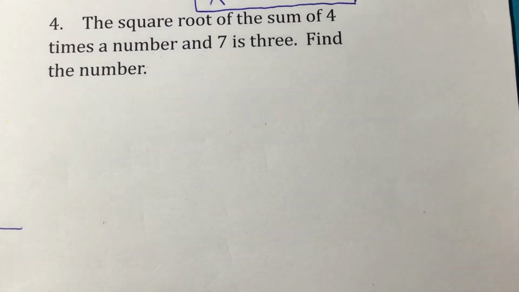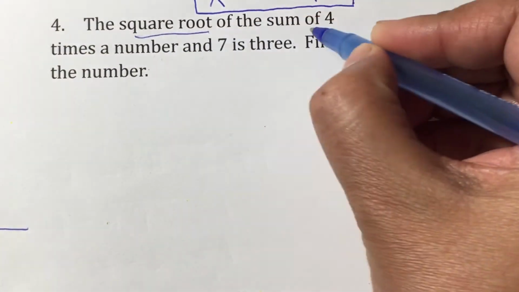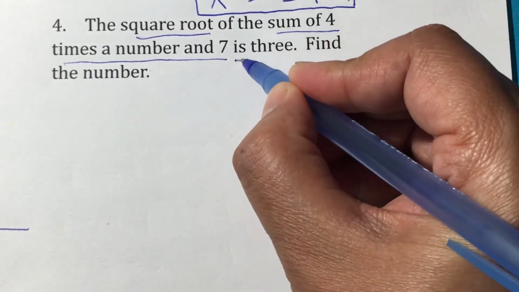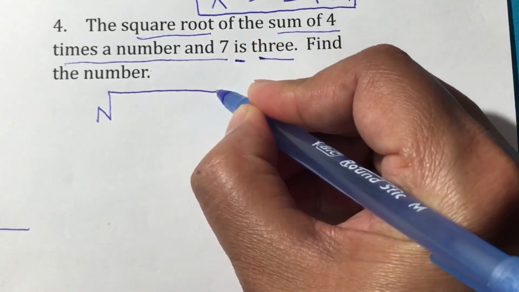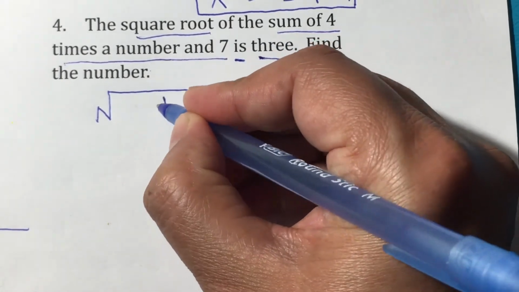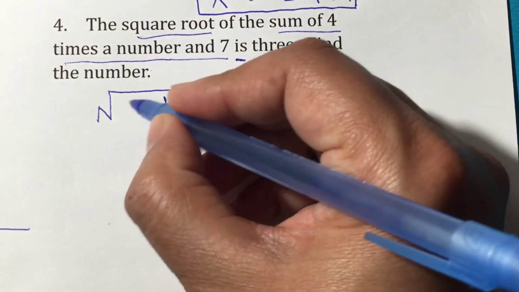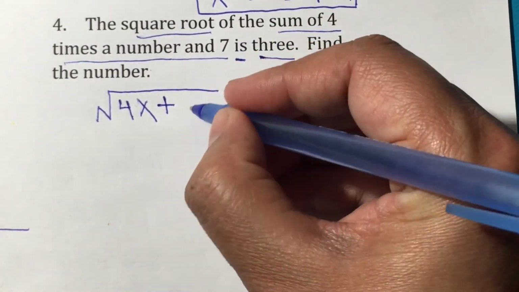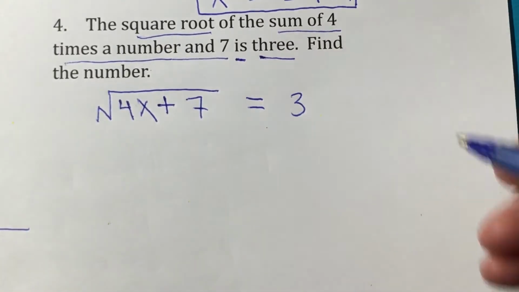And number 4, the square root of the sum of 4 times a number and 7 is 3. So the square root of the sum, that means that I have an addition in here of, what am I going to add? 4 times a number and 7 is 3.